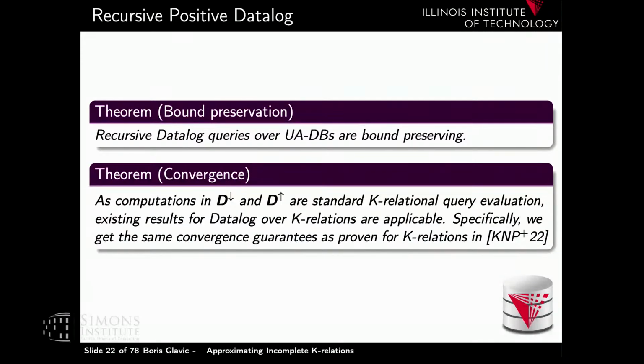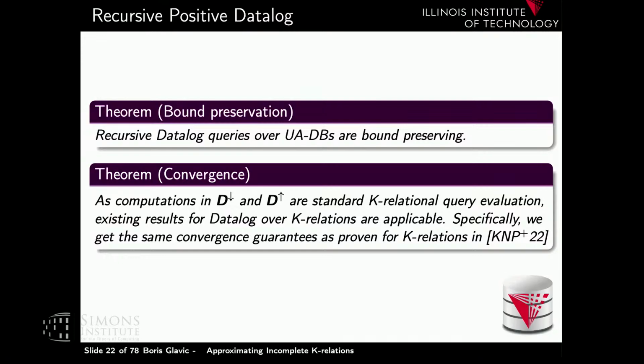So maybe also surprisingly, we also get that recursive Datalog, a positive Datalog for AU-DBs is bound preserving. We again get this for free, right? We are just calculating computations in a single K relation. So the results here from last year give us actually some convergence bound.